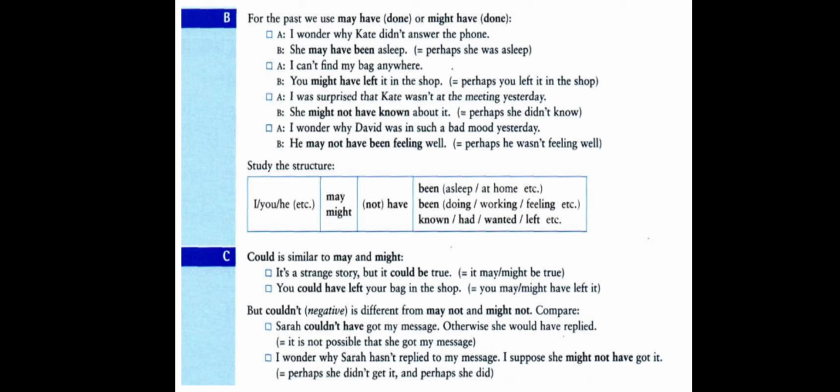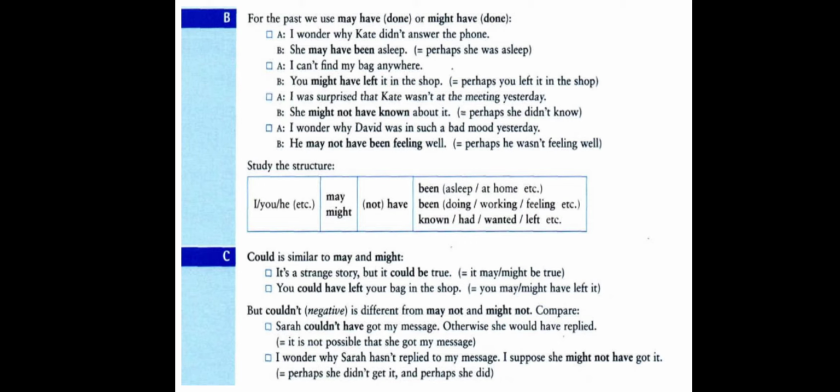Here is a comparison between couldn't and may not and might not. Sarah couldn't have got my message, otherwise she would have replied. Here we have only one possibility. We can say she couldn't have got my message, and if we use couldn't, we have only one choice.